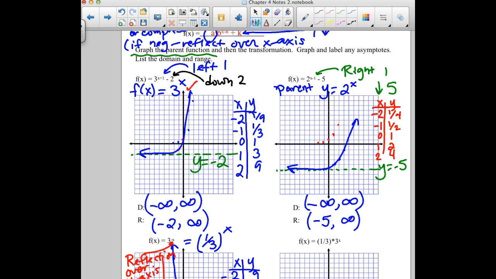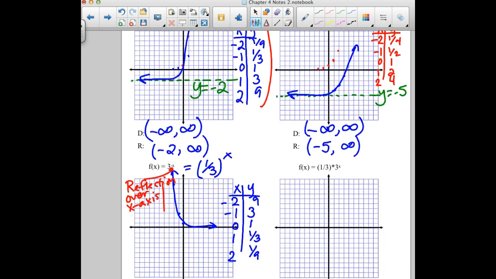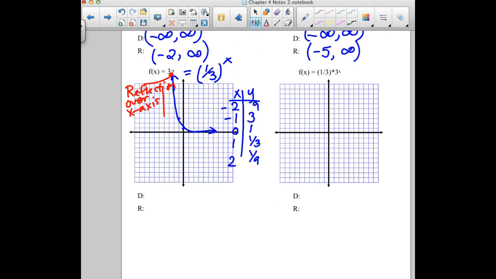We could have taken those points that we just got right here and just flipped them over the y-axis, and we would have gotten the same picture we have down here. Domain, all real numbers, -infinity to infinity, and range, we are staying above the x-axis, so 0 to infinity, open brackets. Our asymptote here would be y equals 0.